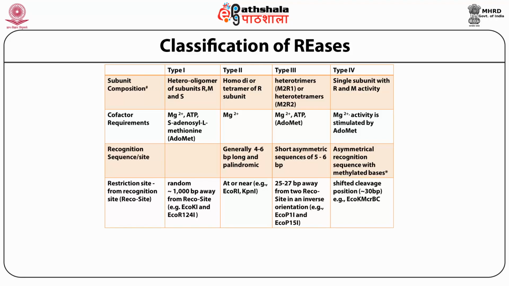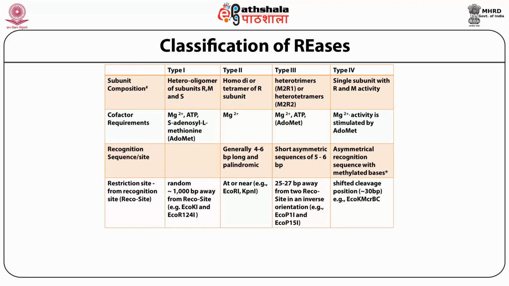And in case of type 3 REases, they usually cut the DNA about 25 to 27 base pairs away from the recognition site, which is usually two recognition sites in an inverse orientation. The examples of type 3 enzymes are EcoP1I and EcoP15I.